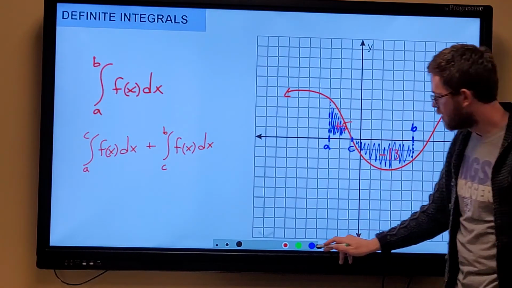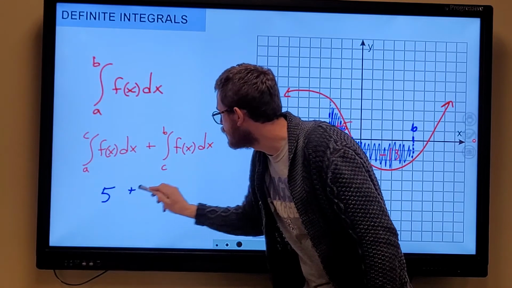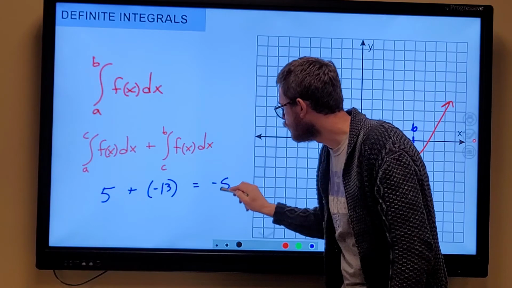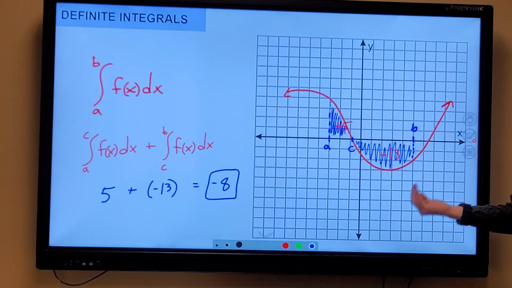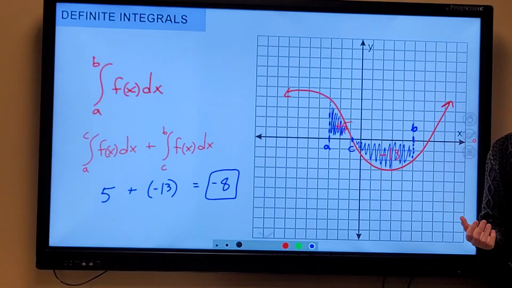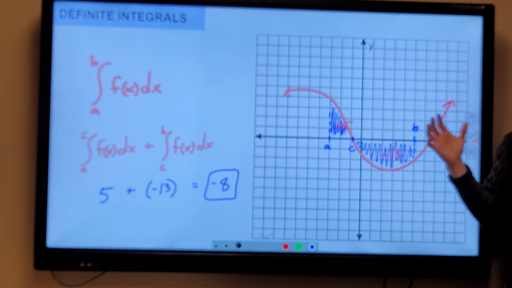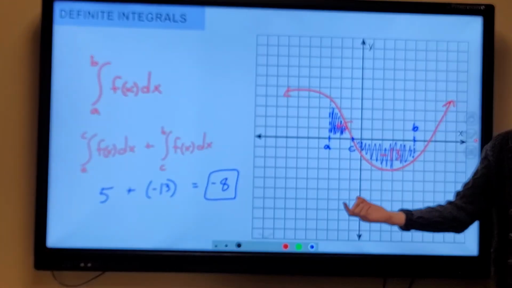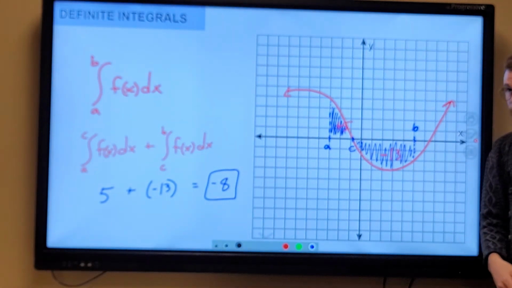That would mean this definite integral evaluates to be positive 5, this one evaluates to be a negative 13, and so ultimately, this definite integral from a to b would evaluate to be negative 8. So the area on top can essentially cancel out with the area on the bottom to give us our definite integral's evaluation.